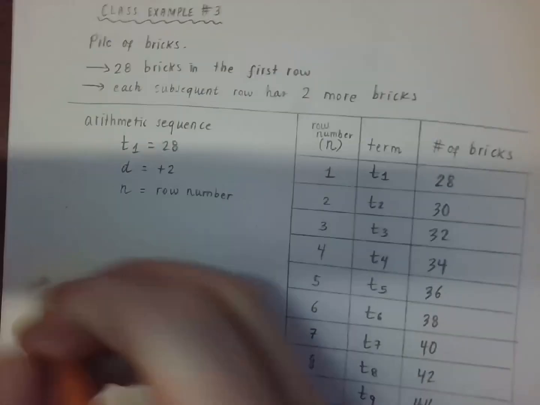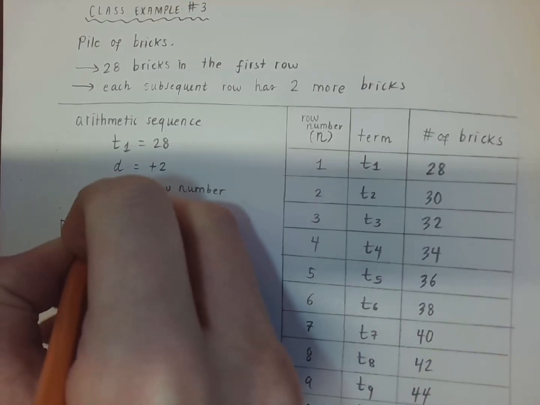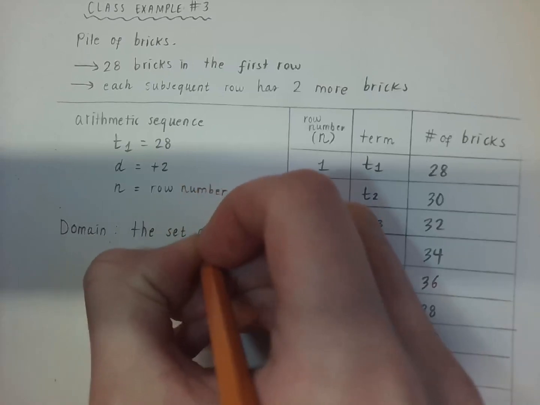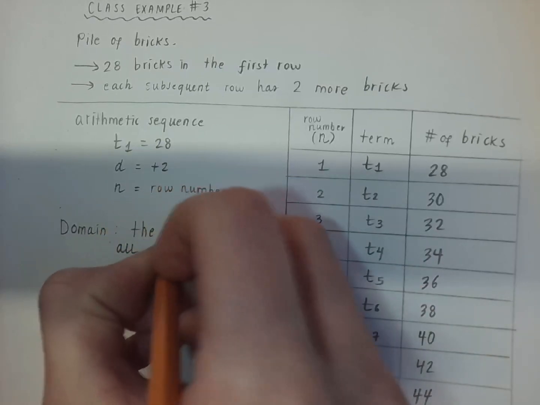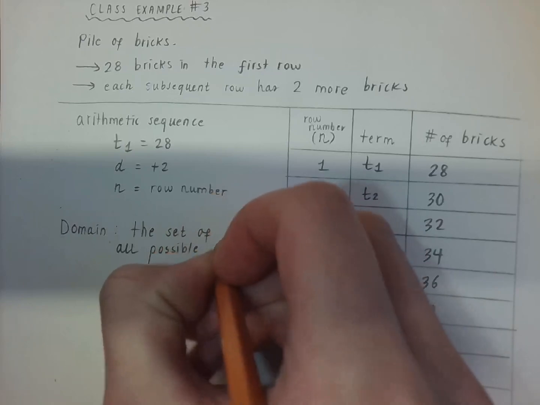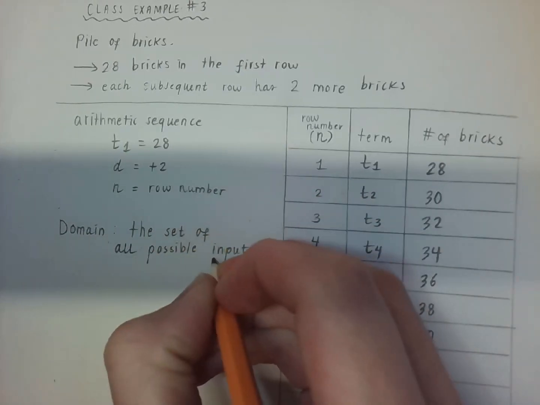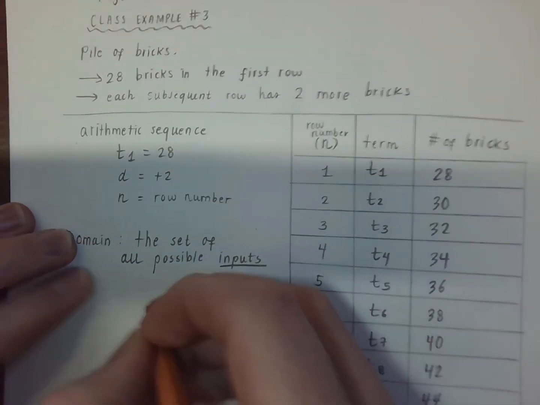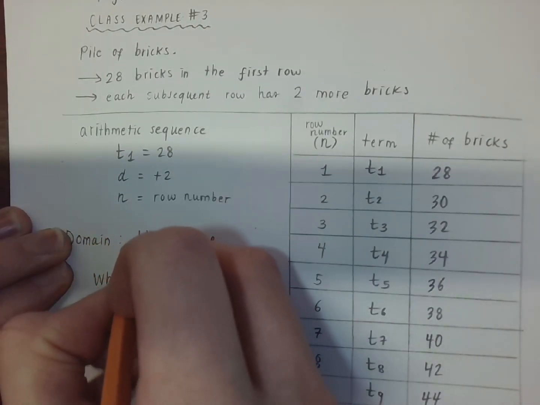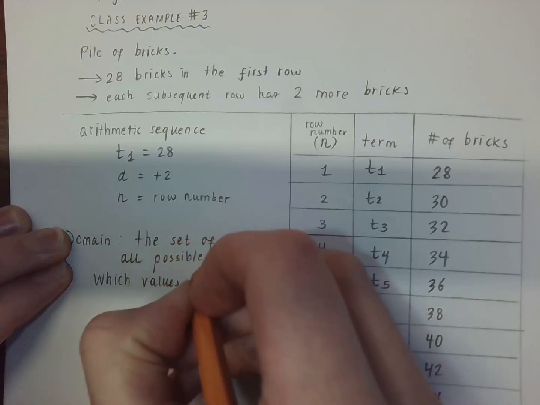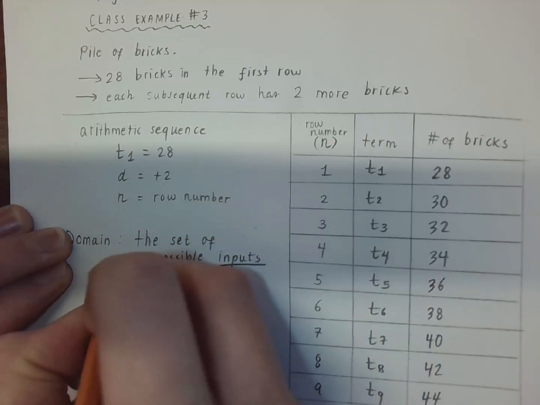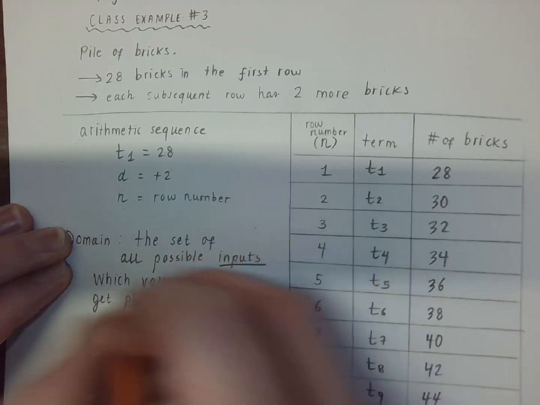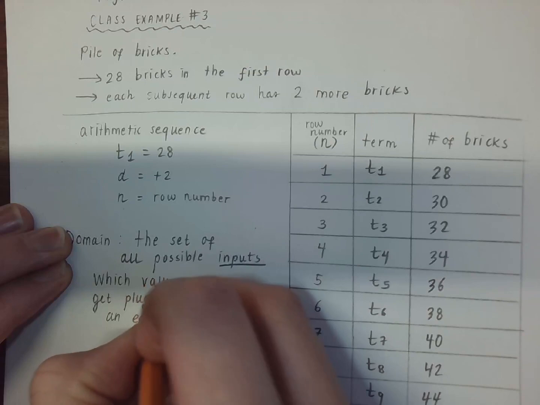You know how we have spoken about domain? Domain was the set of all possible inputs, so which values can get plugged into an equation.